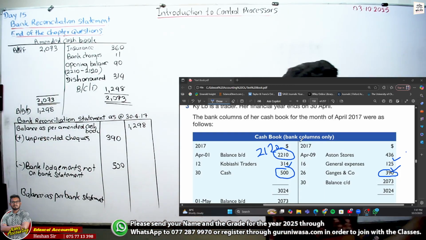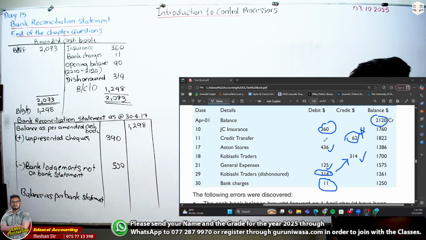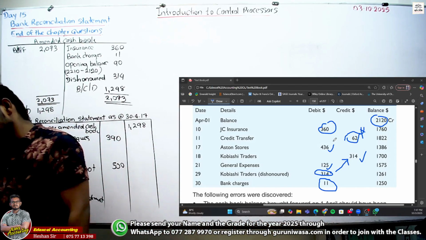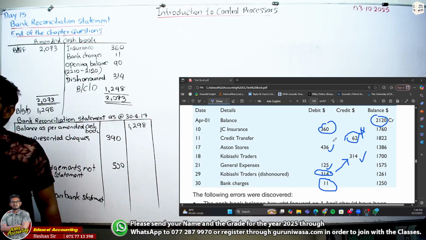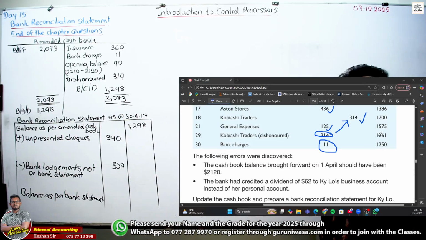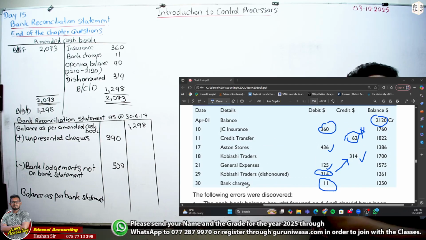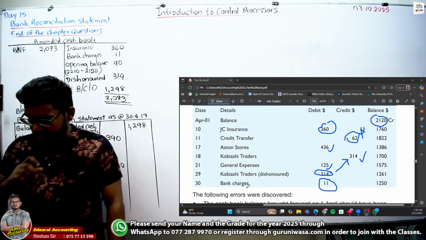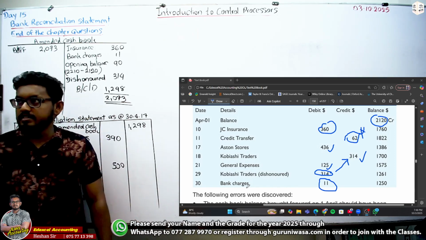Next one is 62. Is 62 credited to the bank statement? This is the owner's personal credit transfer. You can see this 62 was credited instead of her personal account. Now this 62 should not be recorded in the business, sorry, bank statement. These are wrong.